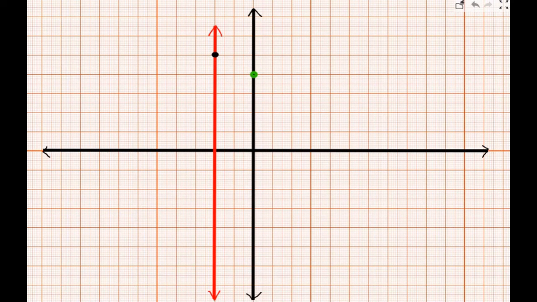Let us plot (2, 1). So just because we already have an axis of symmetry, we can easily plot its symmetrical point in the other direction. So let us plot an additional point here, which is the image of this green point.